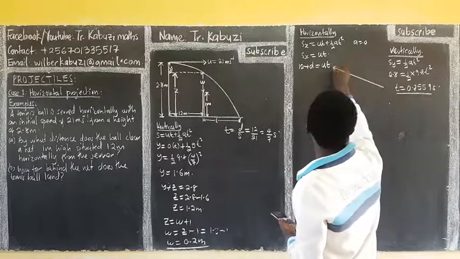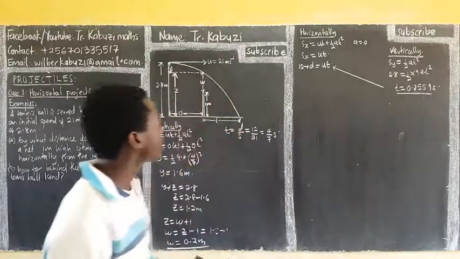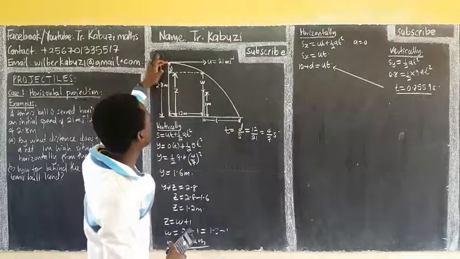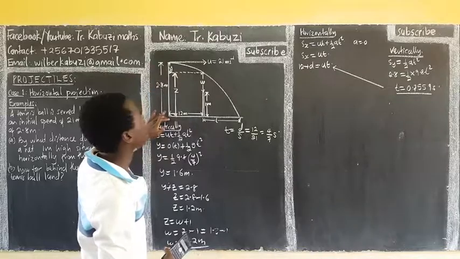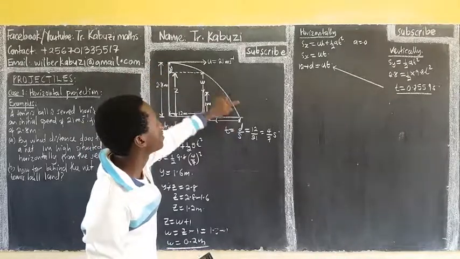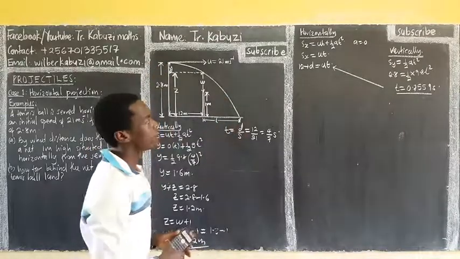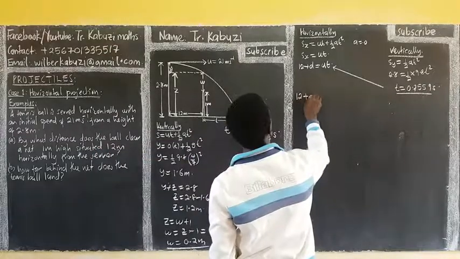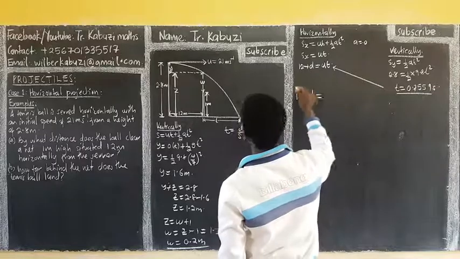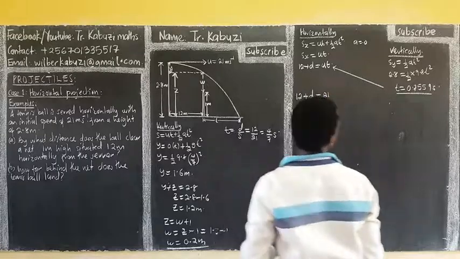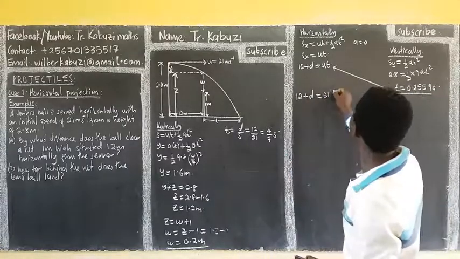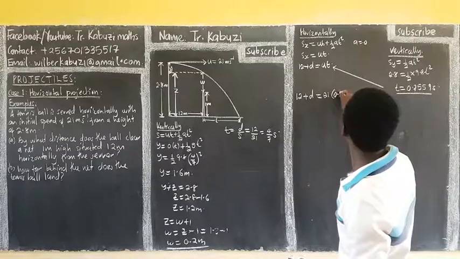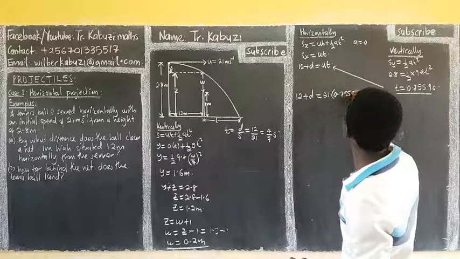So now I can happily use that time, because this is the time it requires this ball to cover this distance. So it will be the same time it will take this ball to cover that horizontal distance. So my 12 plus D will be equal to our U, which is 21, times 0.7559.